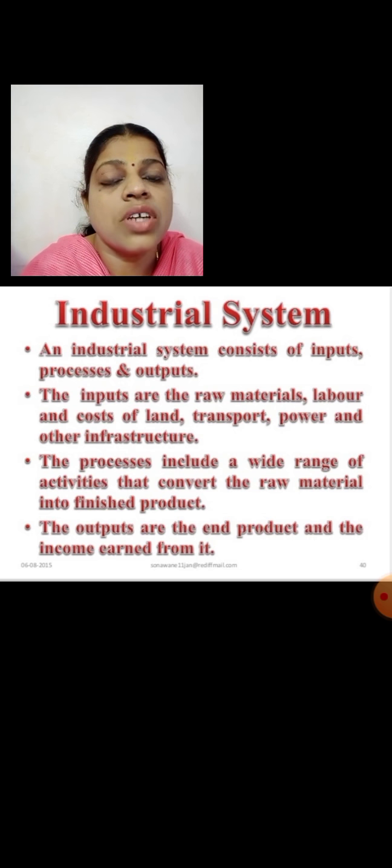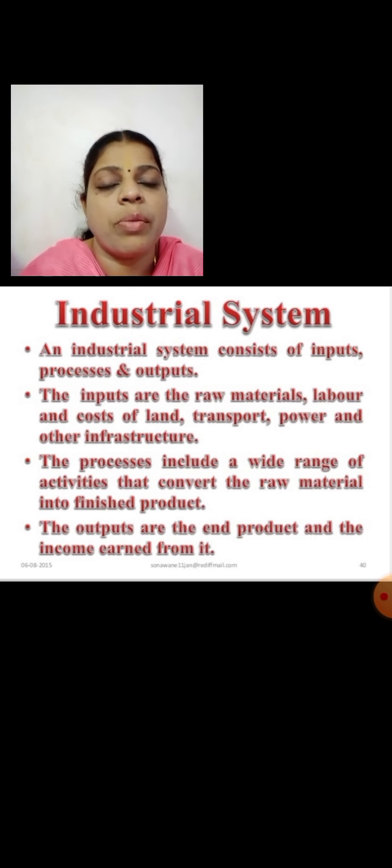The production function means it's a functional relationship that shows the relation of inputs and the outputs. So here the processes include a wide range of activities that convert the raw material into finished products. Then the outputs are the end product and the income earned from it.